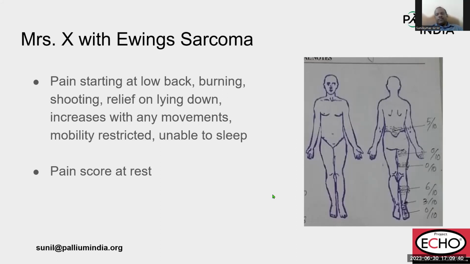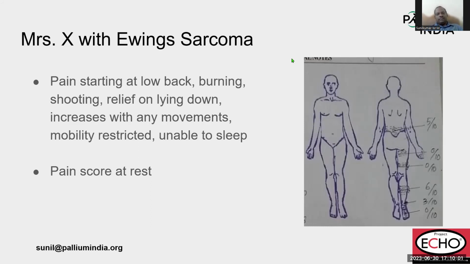Okay. So I told you this is the pain score at rest, but most of the time she is in severe pain. We need to go to step 3 of the analgesic ladder, or even at least step 2.